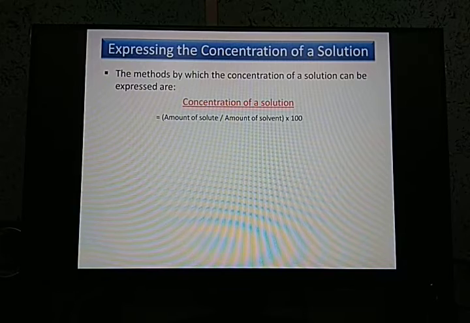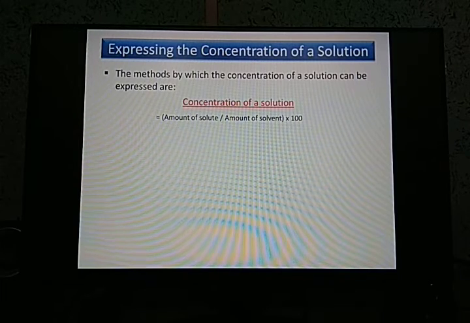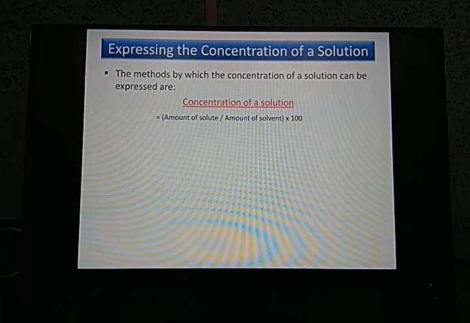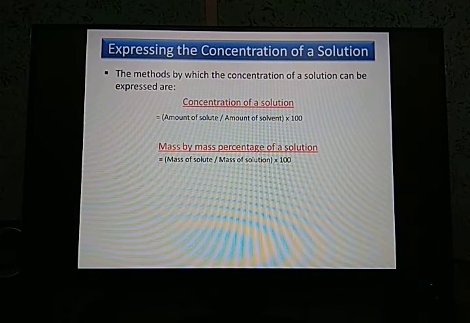Now this is the general formula. Whenever a question is asked in the examination, the solute and the solvent will be given in terms of either mass or volume. So according to it, the formula will vary. So let us see those formulas. The first one is mass by mass percentage of a solution.